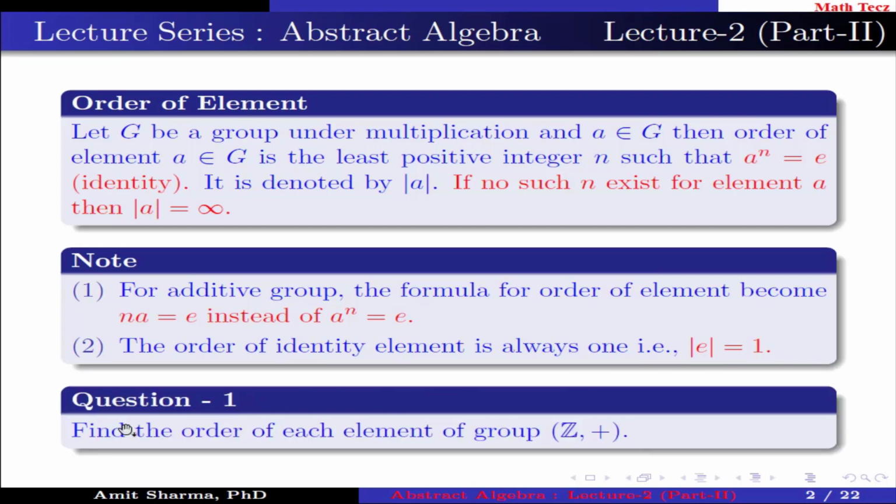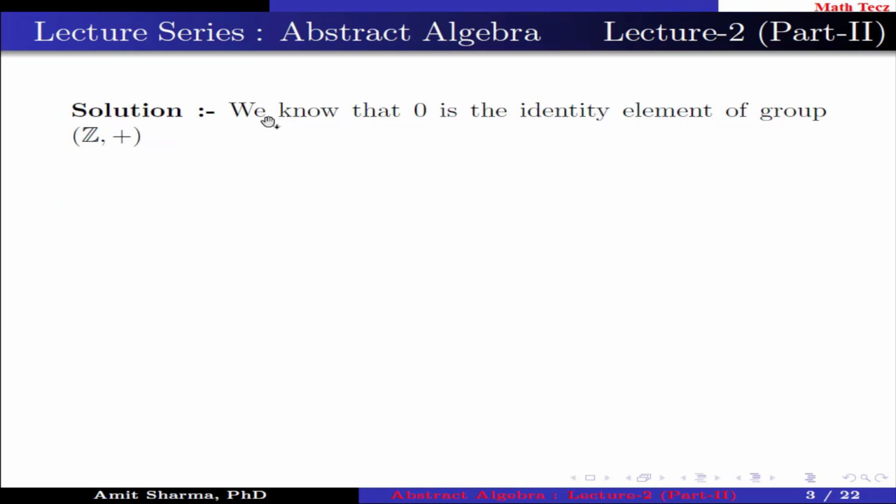Question number 1. Find the order of each element of group Z under addition. We know that 0 is the identity element of group Z under addition, implies order of 0 is equal to 1.